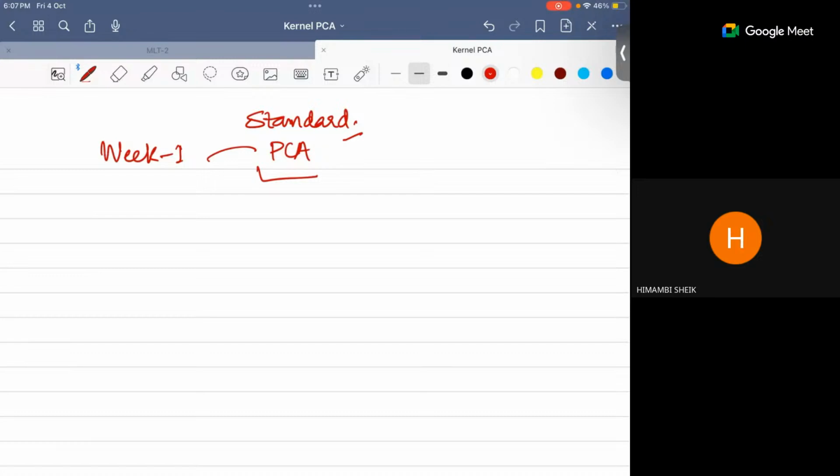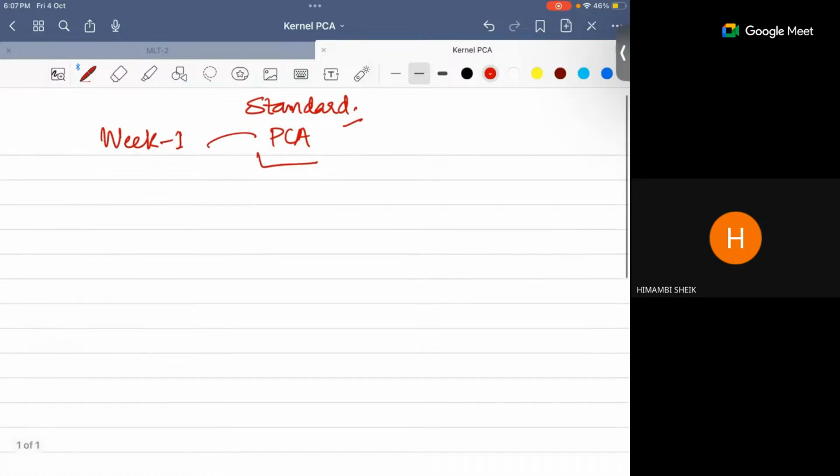We just have a data set, and that data set can lie on a linear subspace in the lower dimension. Okay, so from that larger dimension, we were projecting those data sets, or maybe you can just think of PCA as finding some different bases.